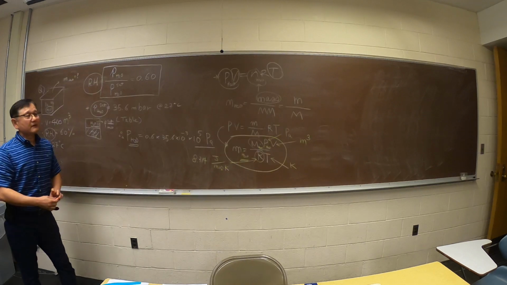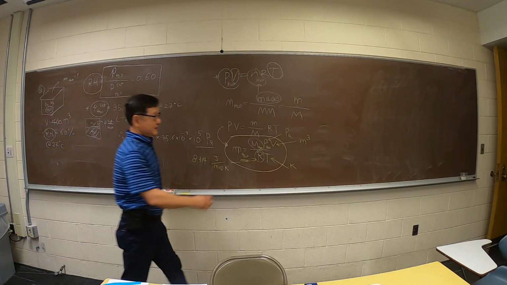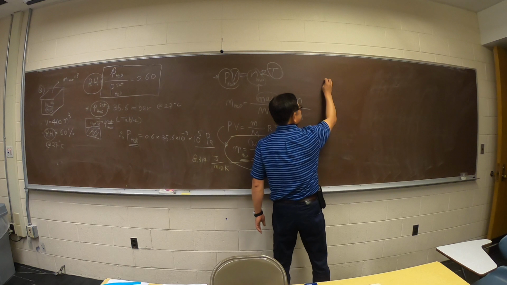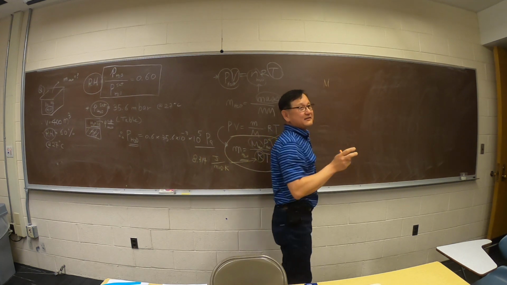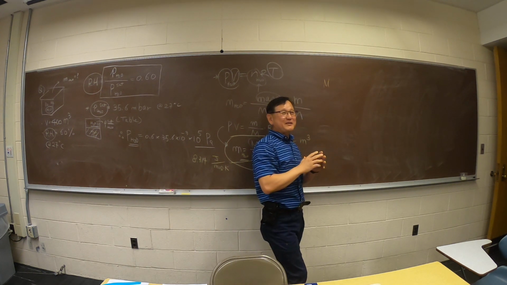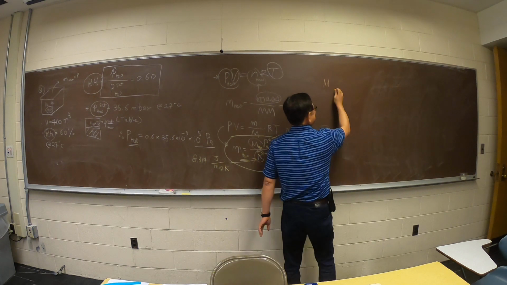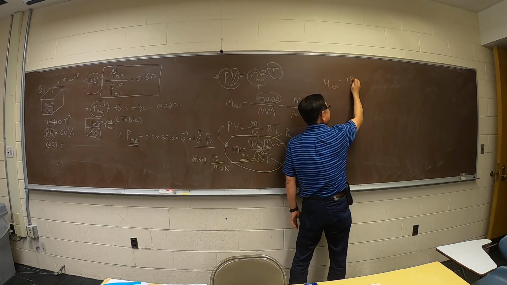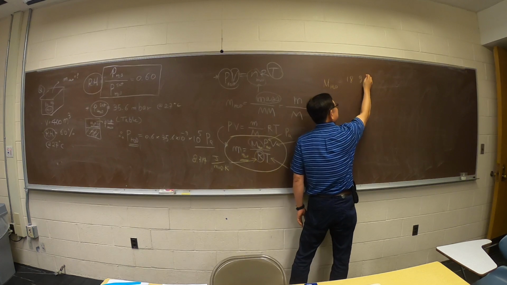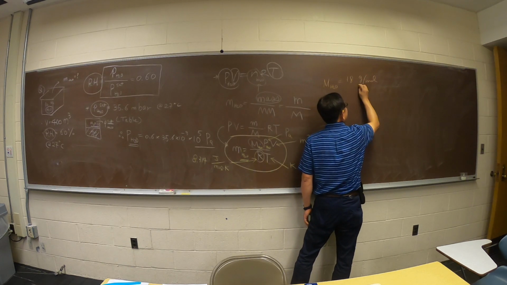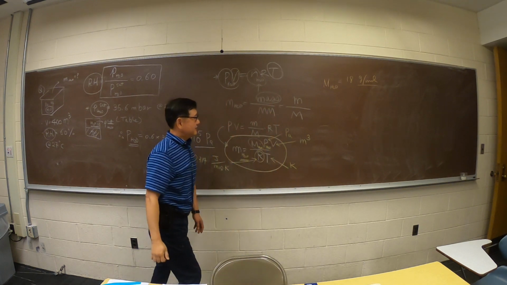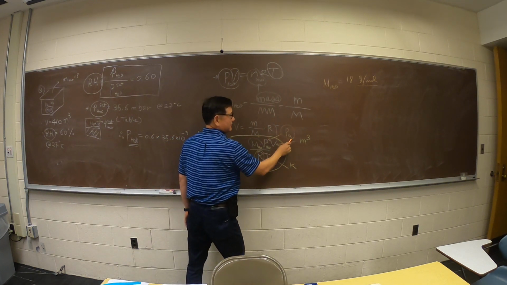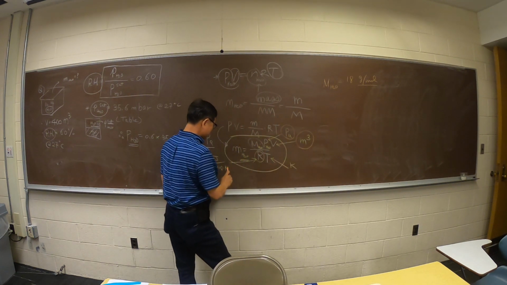18. That's right. Now, I guess I'm making a small thing into a big deal, okay? But molar mass of 18, what is the unit? Grams per mole. And do you remember Pascal, Joule?